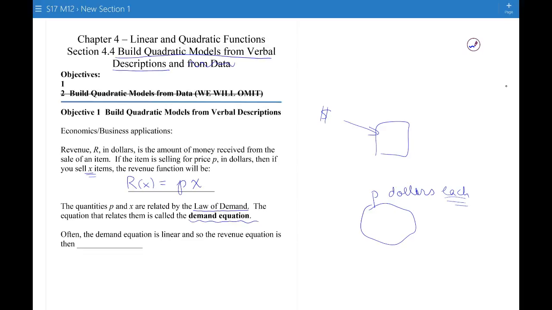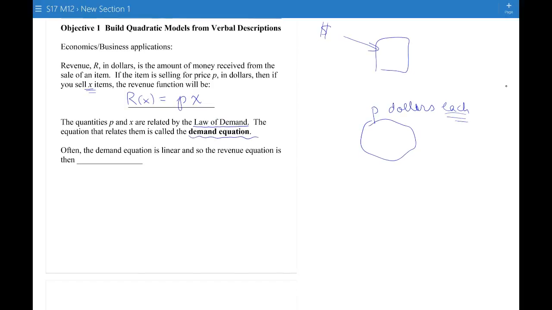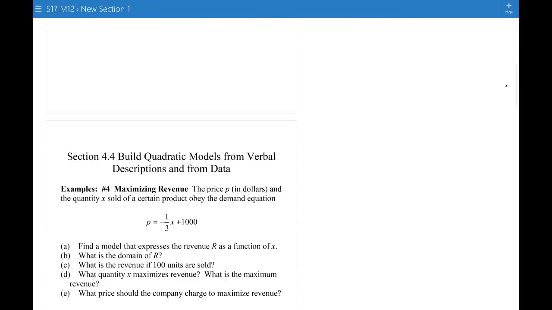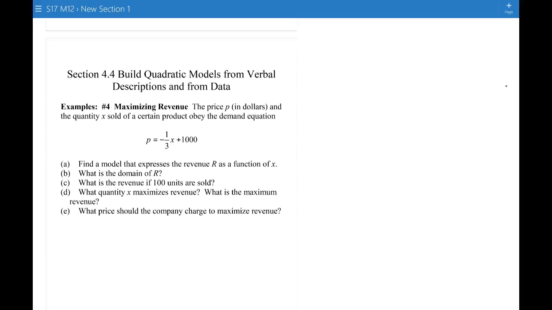So often the demand equation is linear, so the revenue equation then is quadratic. So let's look at an example where here is the demand equation. So you're given the demand equation.